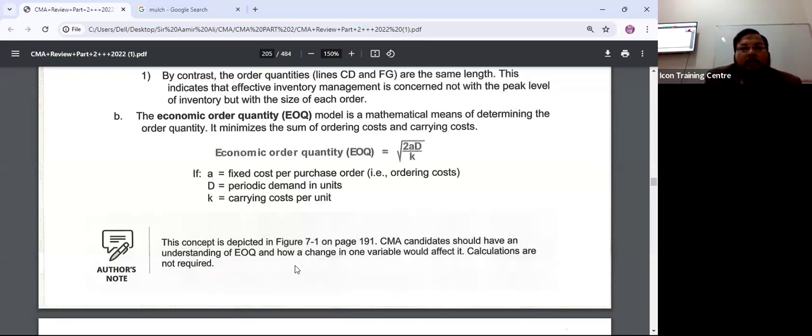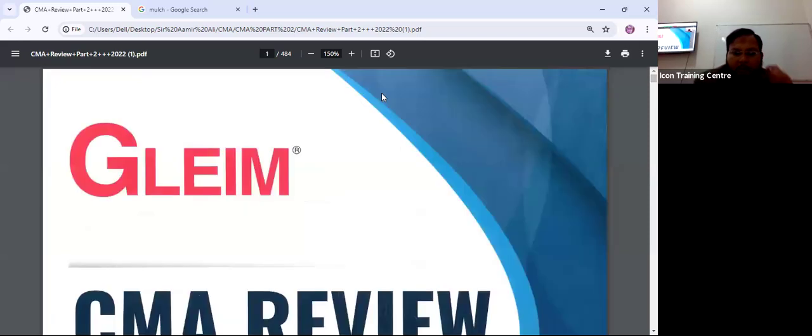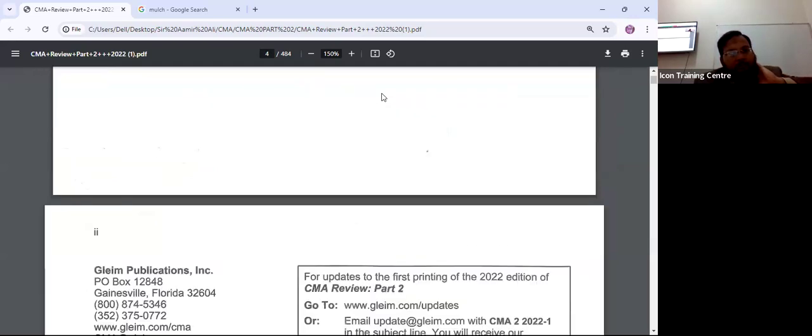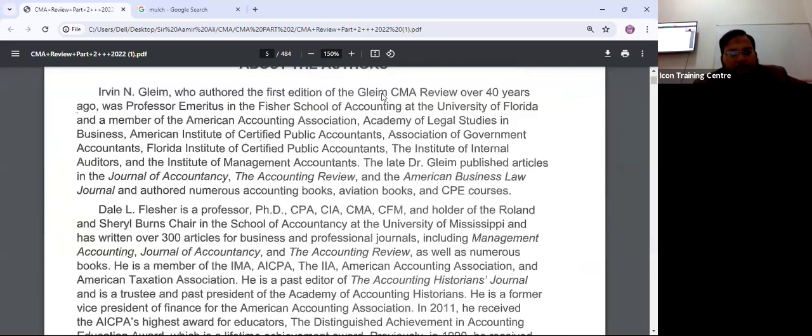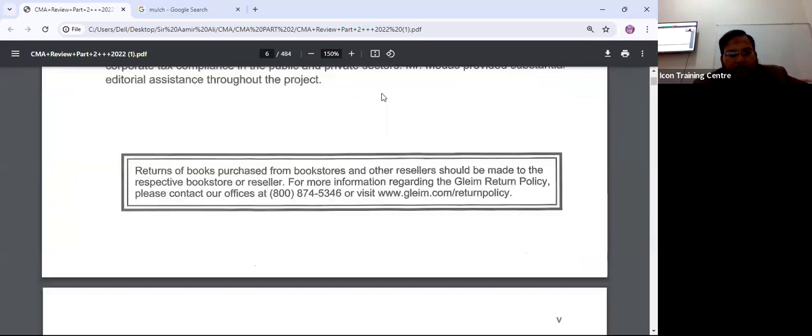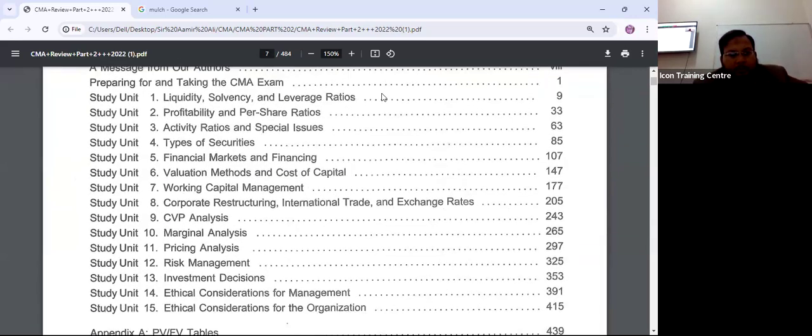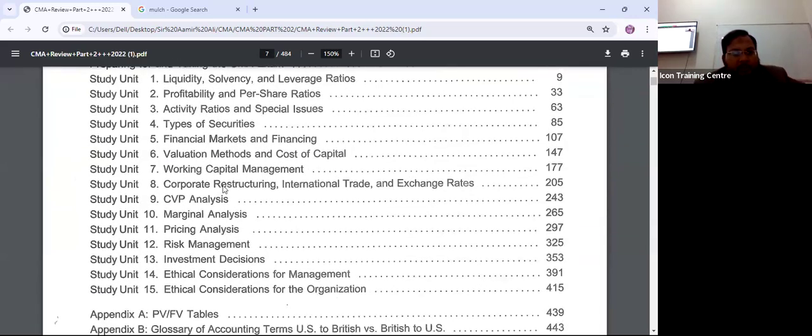Right, brother? So we have done this chapter, Alhamdulillah, and let us have a look at the index. You can see how many chapters you are remaining with. There are only 3 chapters: pricing, margin, and CDP.